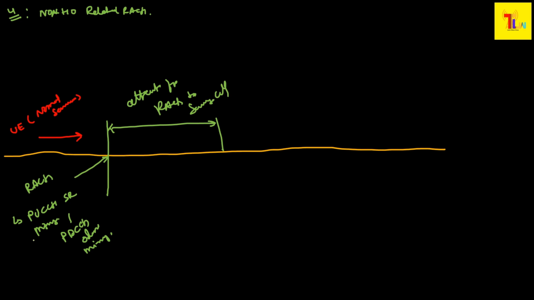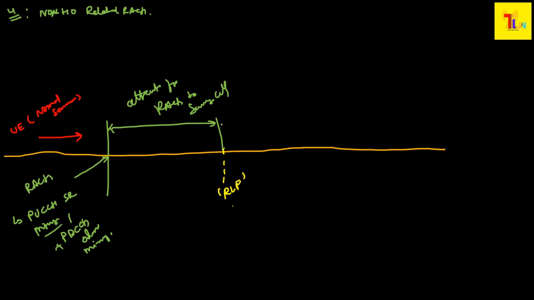Why? Because somewhere we are missing the PUCCH and we are missing the PDCCH order, due to that we are trying. So we will attempt the RACH procedure to the serving cell in this duration, and if it is not able to recover the RACH till then, it will mention that RLF happened, and this RLF we put in the bucket of RACH problem.